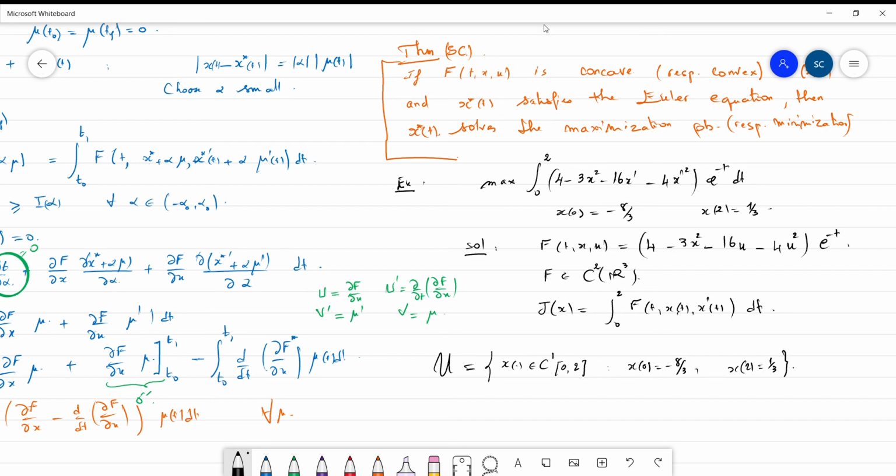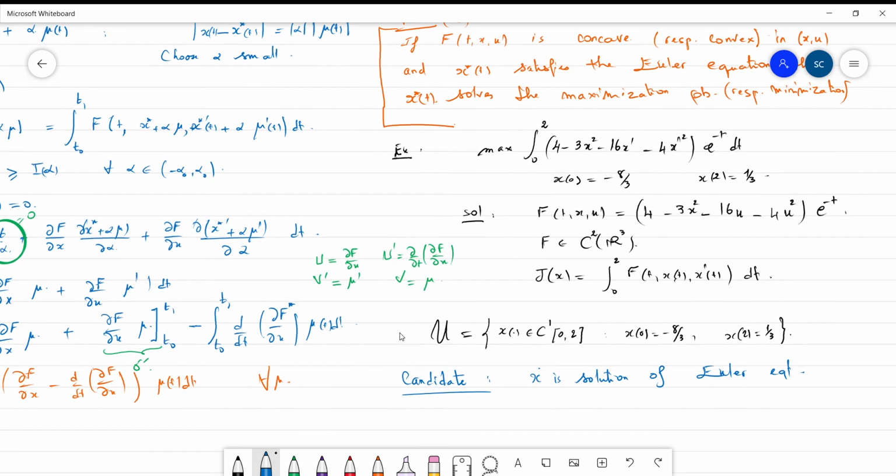So I'm exactly in the same conditions. A candidate is a solution x star of the Euler equation. So let's write the Euler equation.